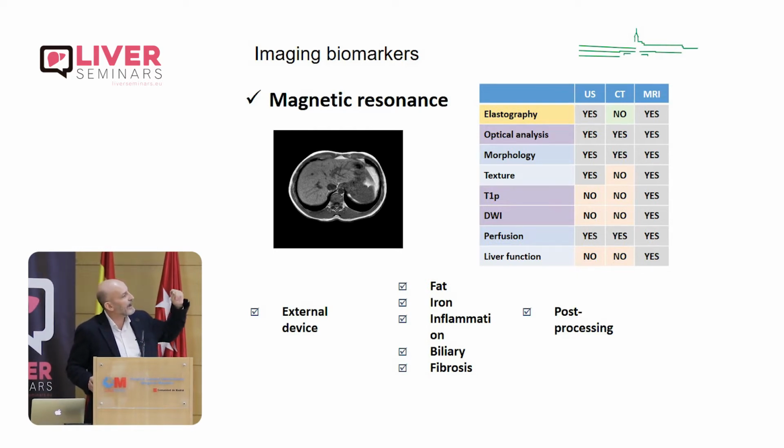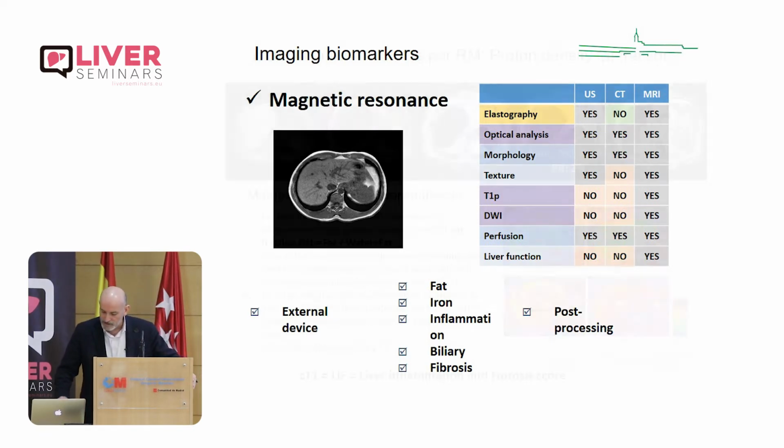We can add elastography, we can add the optical analysis, which is the MILI, we can add T1 mapping, which is the liver multi-scan, and diffusion weighted imaging is also a very interesting sequence, and we can analyze liver function and the perfusion of the liver. And all these parameters could be used together with magnetic resonance.